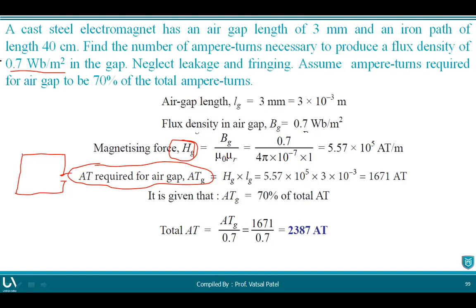So we use the given statement that Atg is equal to 70% of the total ampere turn AT. Putting in the ampere turn for the air gap and the given percentage of 70%, we find the total mmf generated, which is equal to 2387 ampere turn.